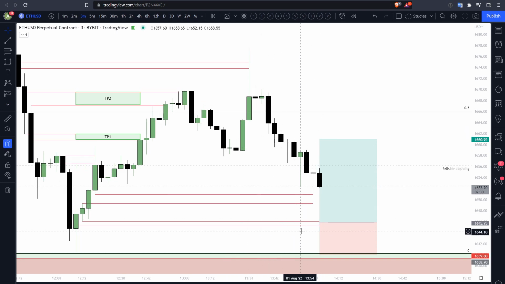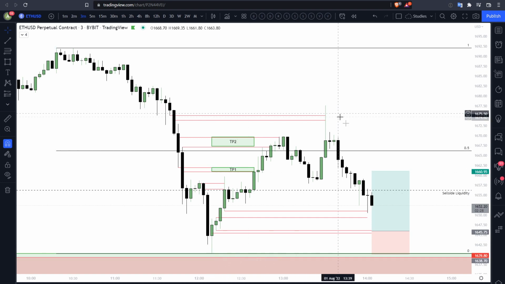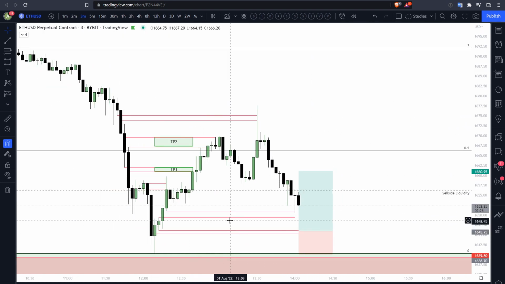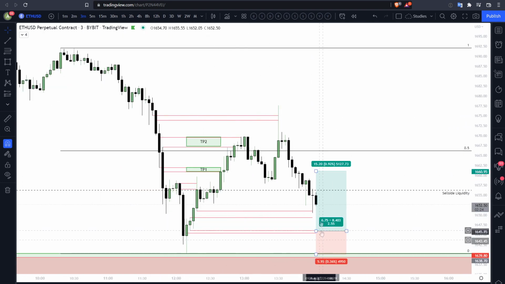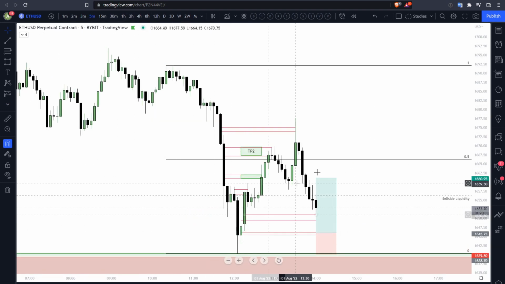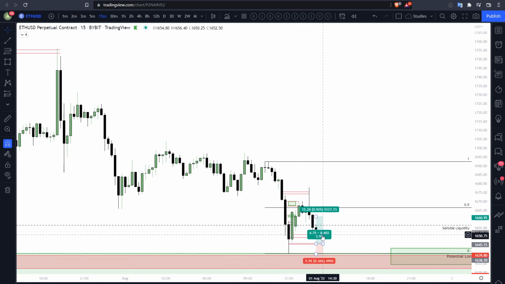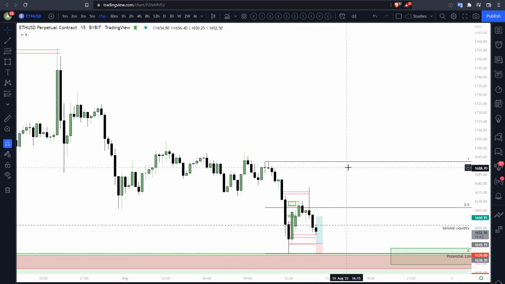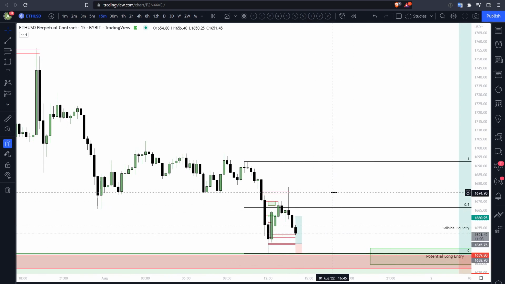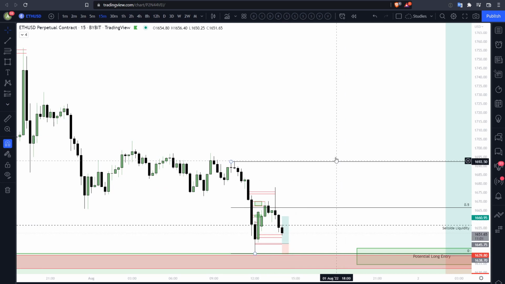Then, for the future, this structure will create a double bottom, both on 3-minute chart, on 5-minute chart, even on 15-minute chart. It will be a double bottom from which we can bounce higher, let's say somewhere in the middle of this range, or maybe even taking out these highs. And then this double bottom will be the target for the next run on liquidity.